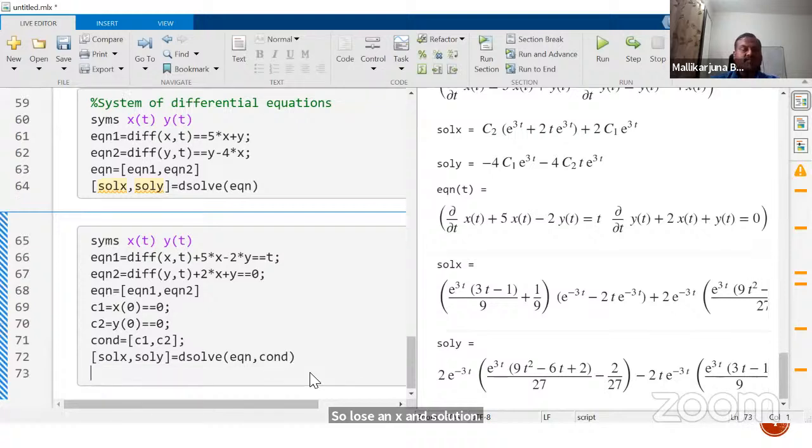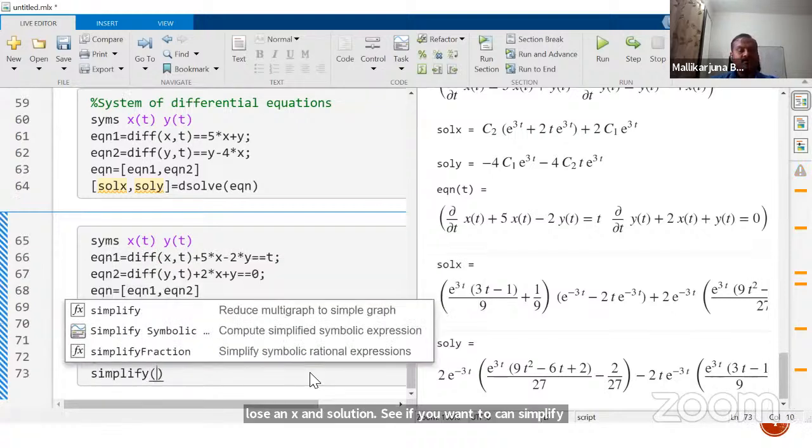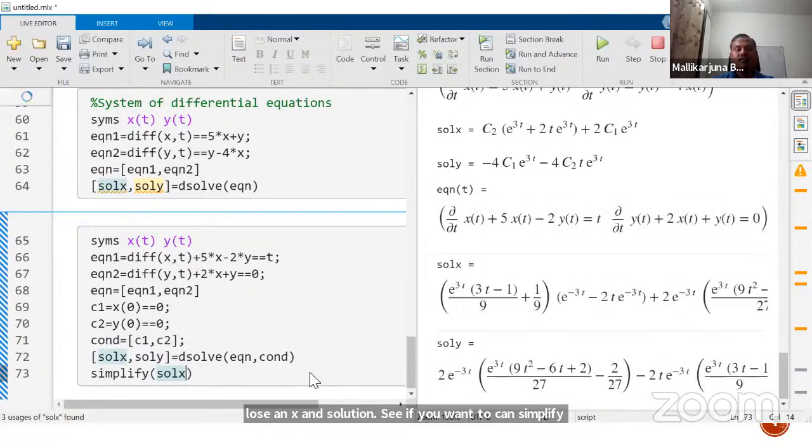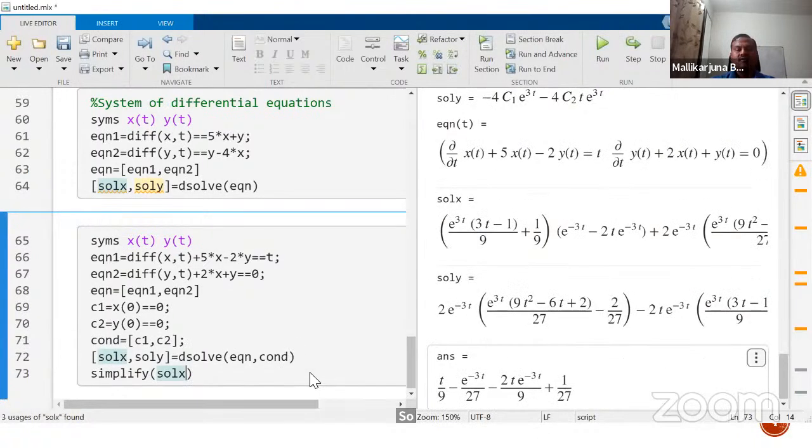See, if you want, you can simplify solution x. You can see what you get. It is showing the simplified answer, not exactly the previous one, right? Similarly, you can simplify the second one also. You can draw the function plot for solution x and solution y. You can draw them separately.